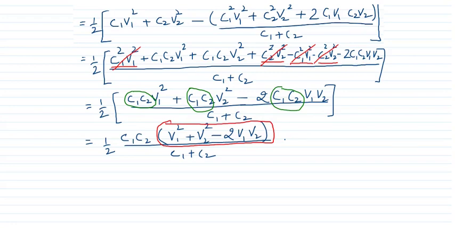Clear? Can you see it clearly? So therefore it will be equal to 1 by 2 C1 C2 (V1 minus V2) whole square divided by C1 plus C2. So this is the total energy loss.